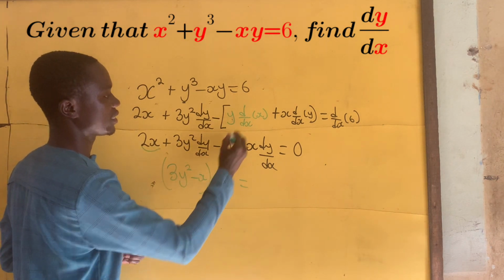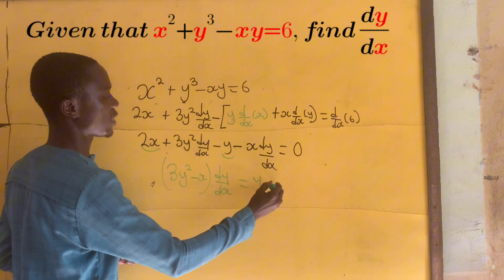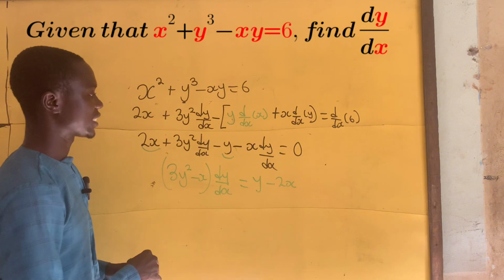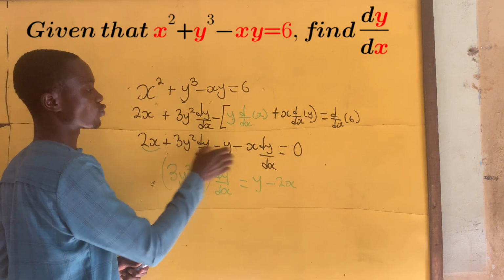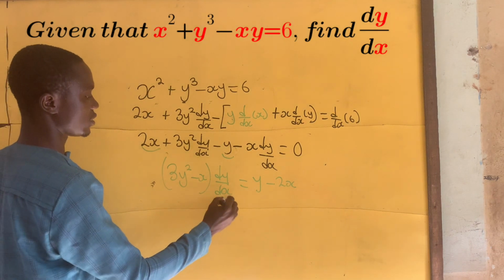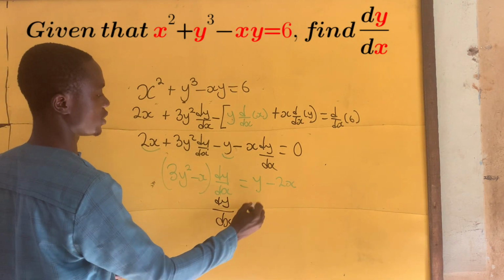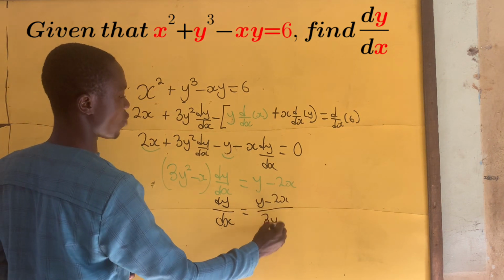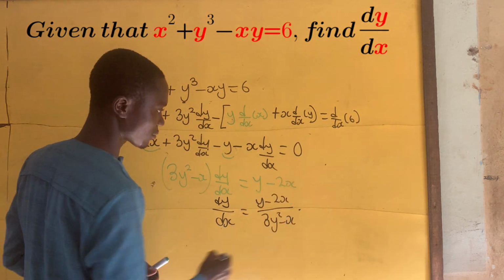So I can write here positive y minus 2x in a very simple way. Note that you could have also grouped this one out here. I'll do that. So here, dy/dx will be y minus 2x divided by 3y squared minus x.